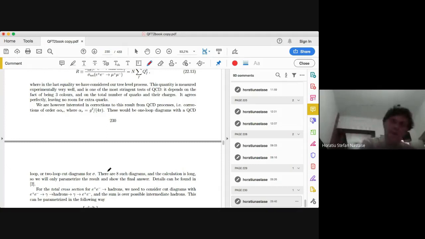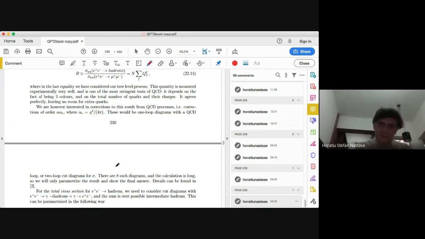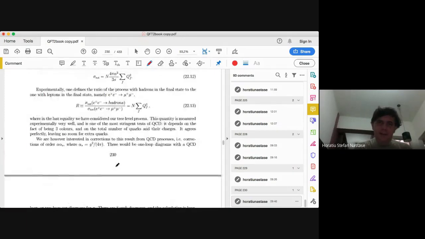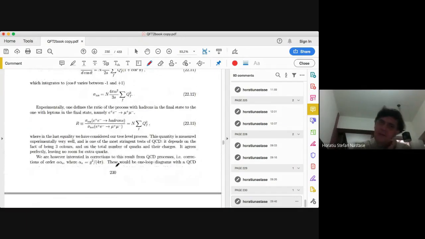You can find in some other book the details of the corresponding 1 loop calculation. There are many Feynman diagrams, and it's a difficult calculation, but it doesn't matter. What we want to understand is the structure of the result, and therefore the structure of the general result, not only at 1 loop, but at all loops.